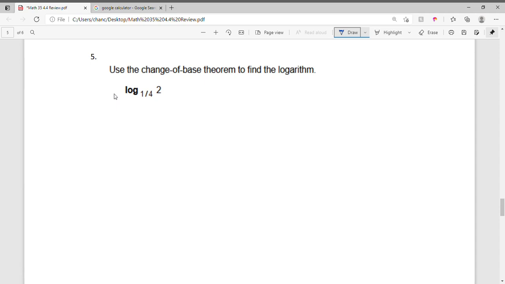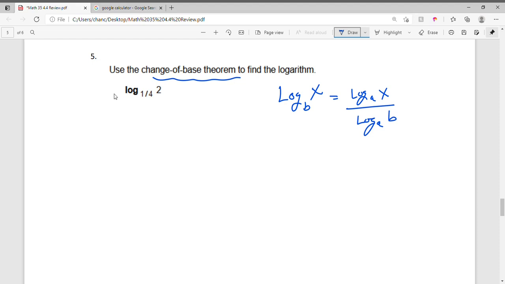Question 5. Use the base change theorem to find the logarithm. Recall log base b of x is equal to log base a of x divided by log base a of b.